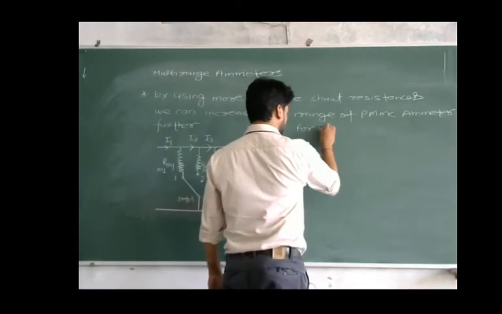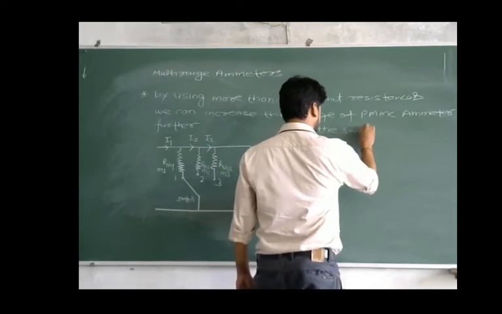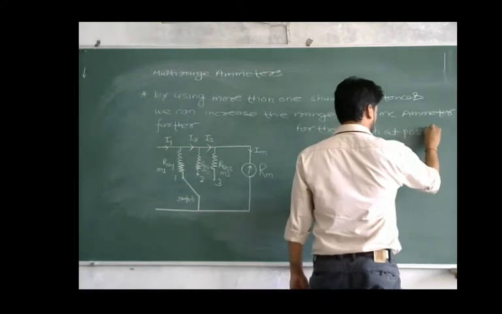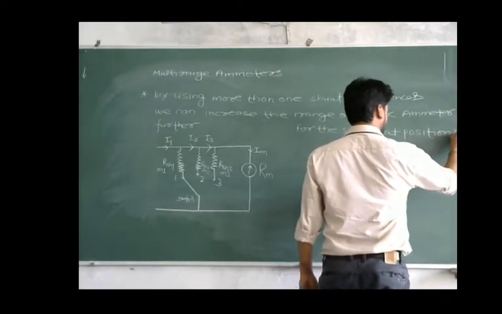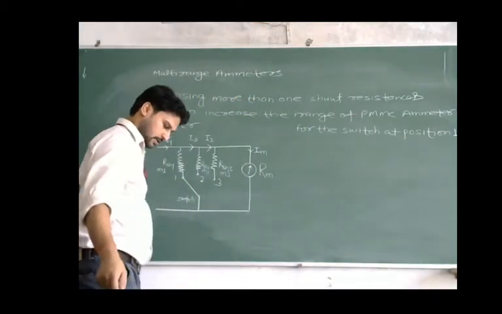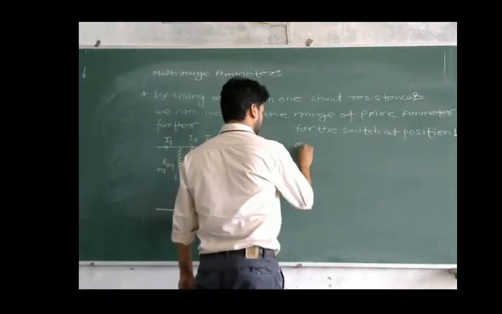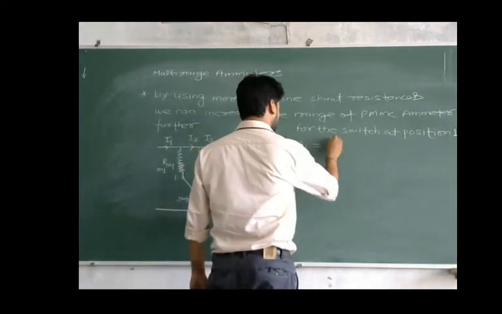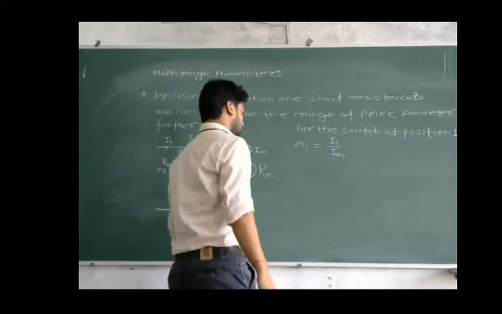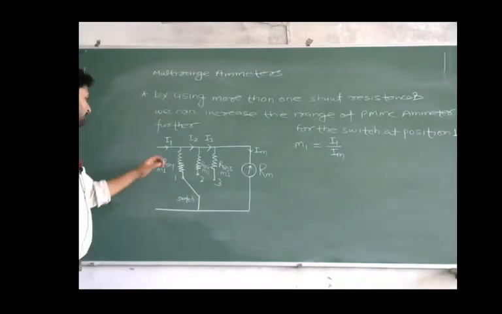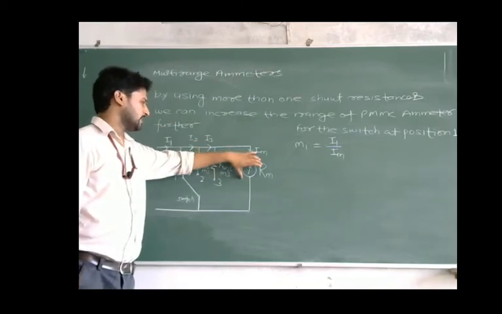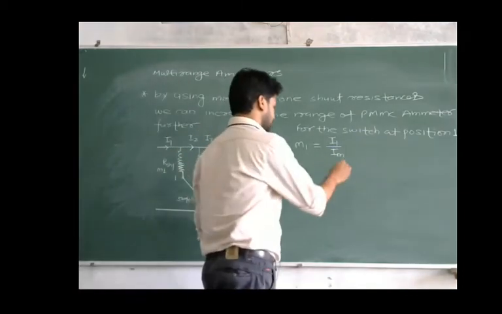For the switch at position 1, M1 is equal to I1 upon Im, meaning the multiplying factor is the total current divided by the current through this instrument.